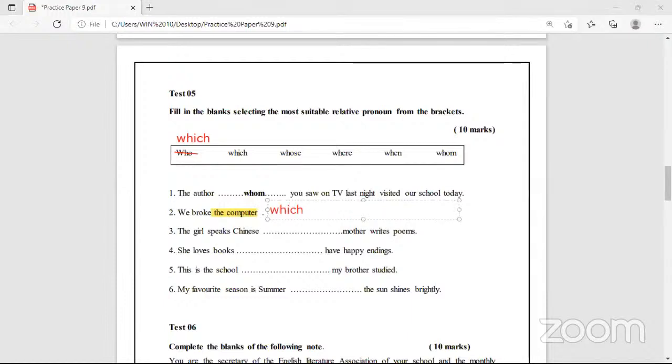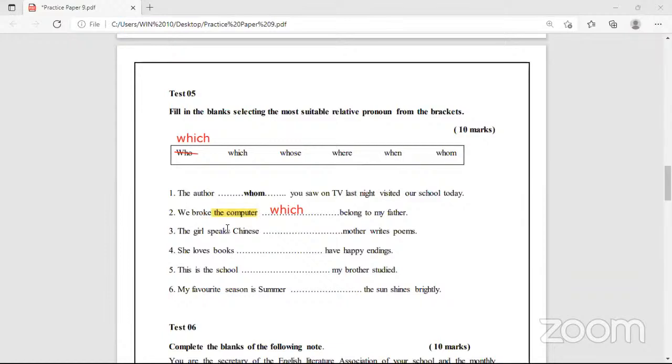If there is a thing, we have to use the relative pronoun which in the sentence. So the second answer, we brought the computer which belonged to my father. We describe the word computer from this relative pronoun which.